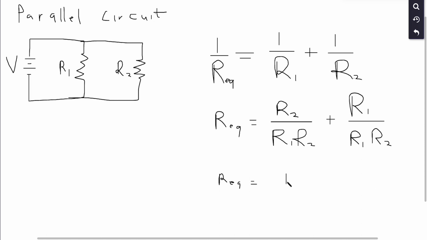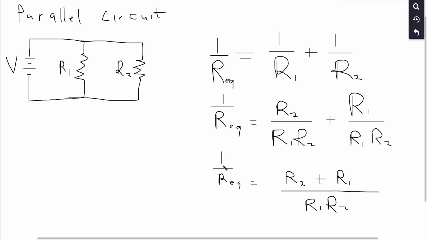We can rewrite this as R2 plus R1, or R1 plus R2, doesn't really matter. And then we can keep it as the same denominator, right? So to solve for the equivalent resistance, well, this is still over 1, right? Let's not forget this part. This is still over 1.